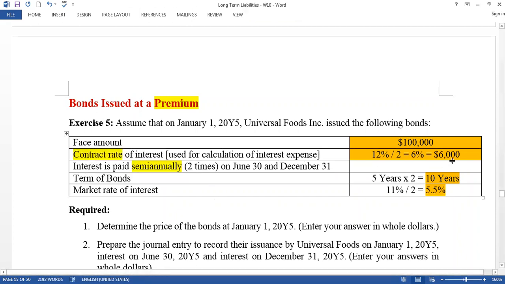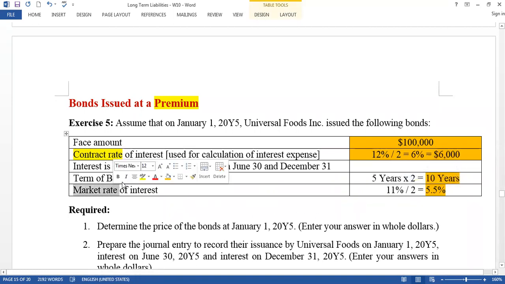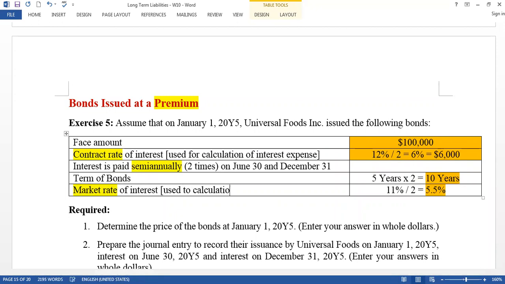Look, we calculate the interest expense, right? And when we use the market rate, we use the market rate for calculation of present value. So this is an important point, right?